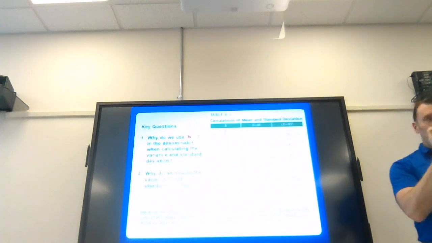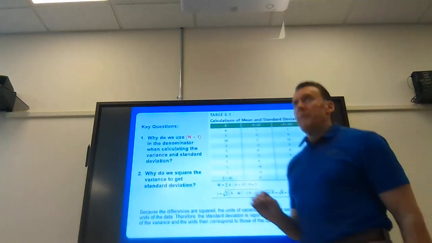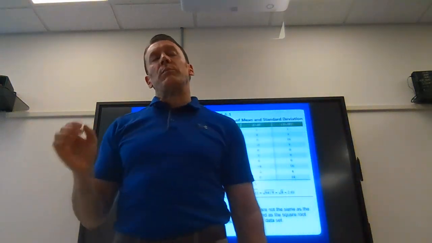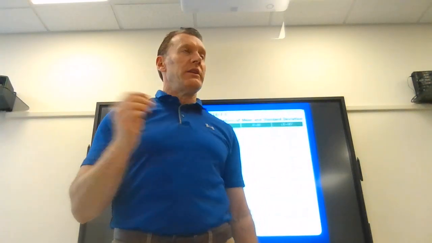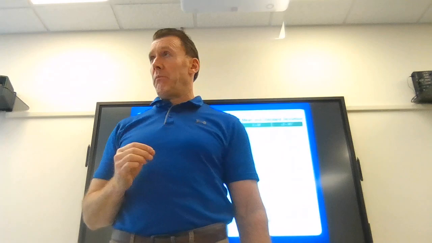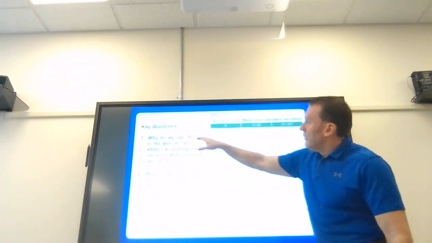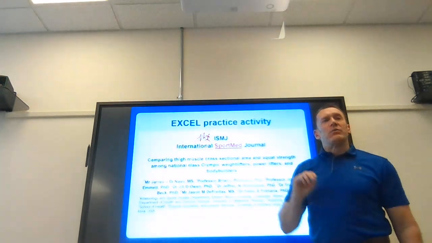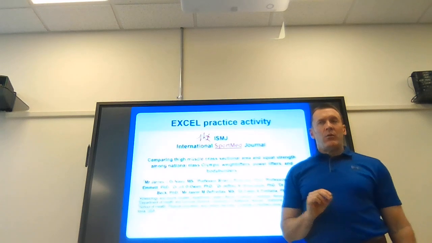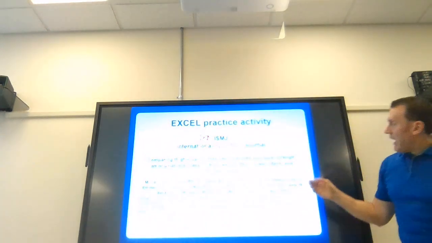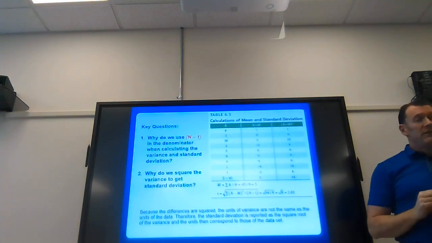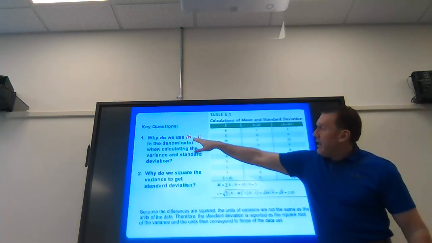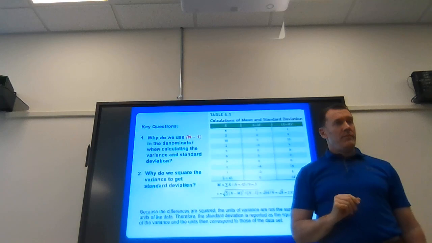Now, this is where it gets a little tricky because we want the variability to represent the population. It doesn't do us any good for the variability to represent the sample. So what we do is we take n minus 1 rather than just n. So rather than dividing this number by 9, we divide it by 9 minus 1.